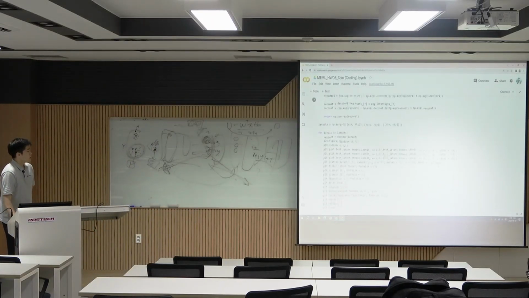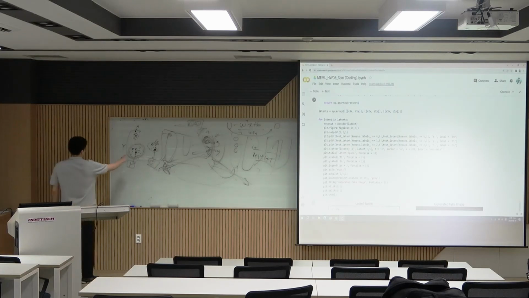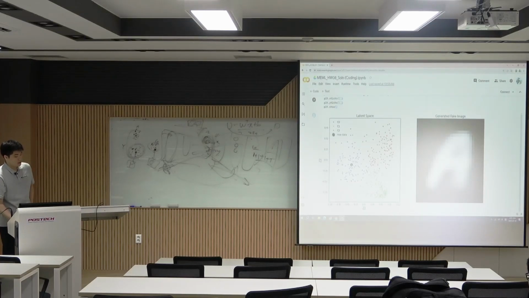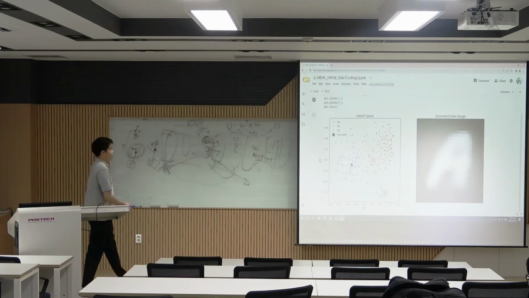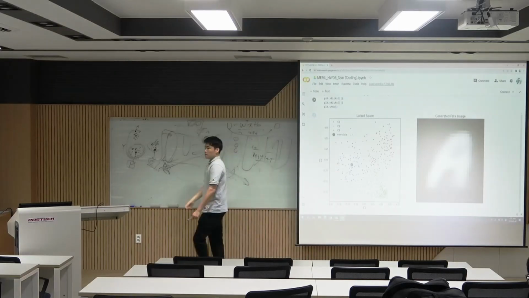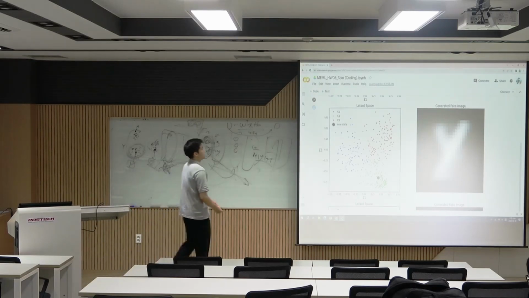After you define a decoder and give it the coordinates for each centroid, you will be able to get these images. For the first centroid, we used the autoencoder's decoder for the dimensional expansion, and we generated a fake image of A. So we can classify all this C0 as A. And for the second, we use the centroid of these green points, and the centroid of these green points gave us the Y. So we can say that the C1 class was actually the Y class.